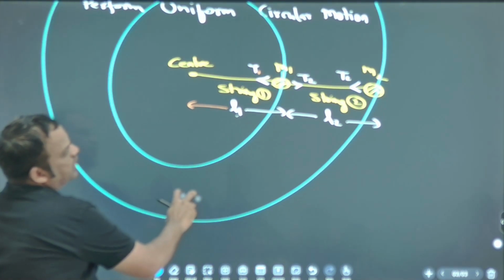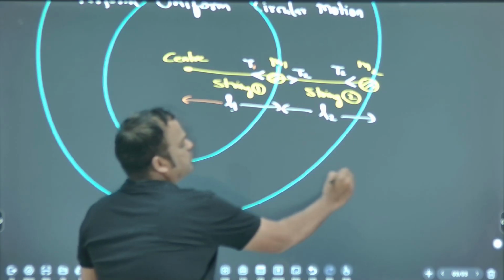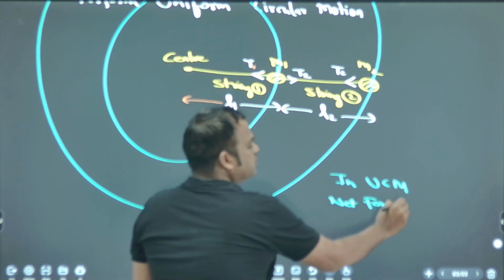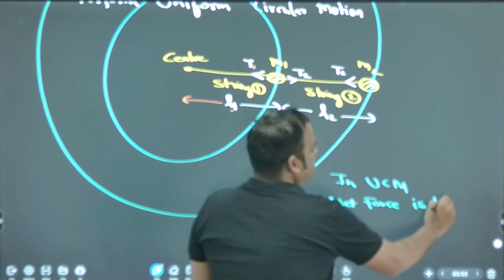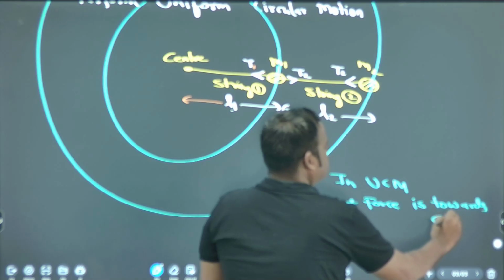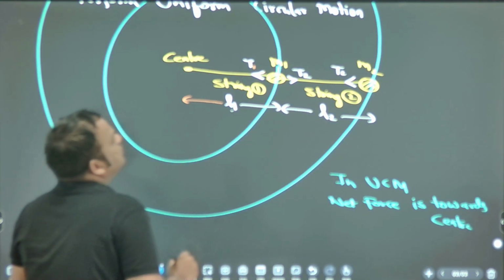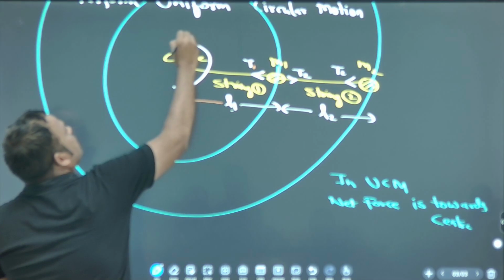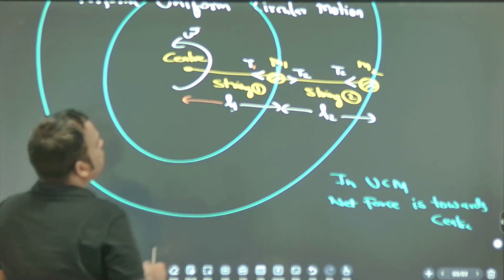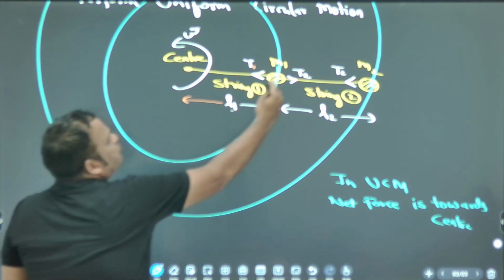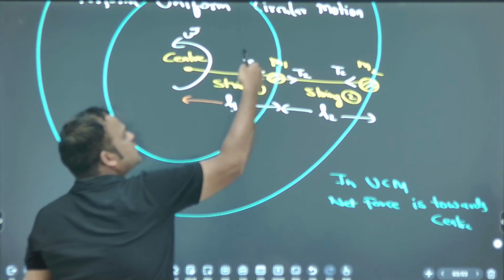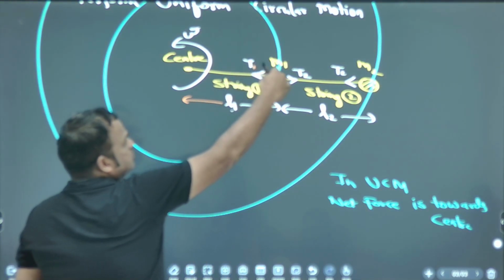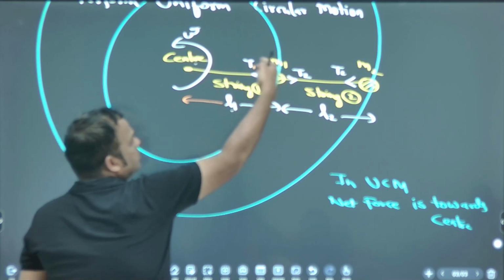In uniform circular motion, net force is towards center. So let's take angular speed as omega. You draw like this. Net force is towards center. So which is greater force, T1 or T2? T1 is greater. T1 is acting towards center for M1.